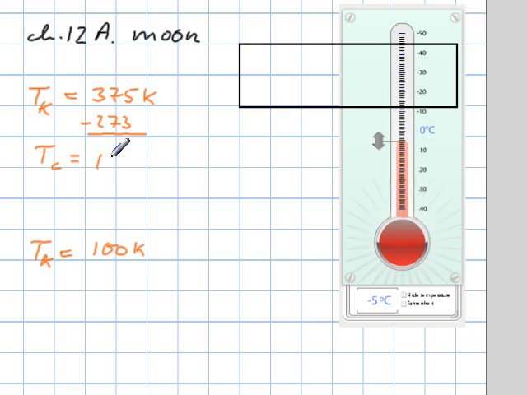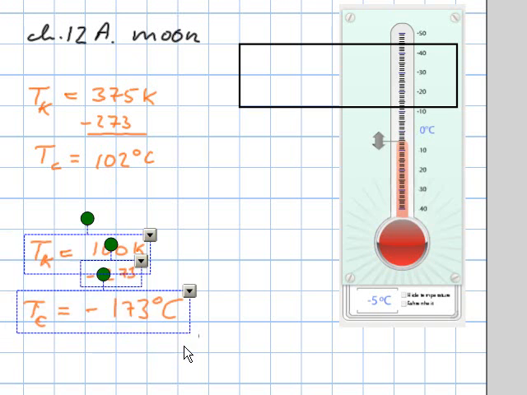So I can write down the result here, 102 degrees Celsius, and on the other one I would do the same thing, minus 273. So in Celsius that's going to be minus 173 degrees Celsius. That was supposed to be a C. I think I might need a little bit more space.